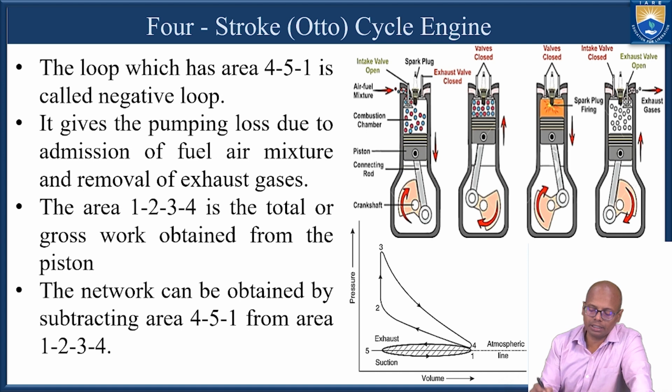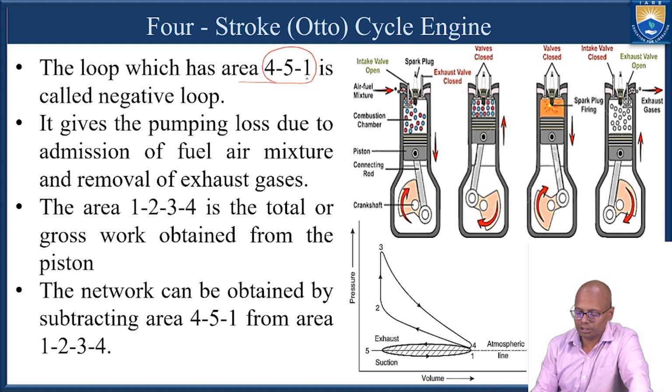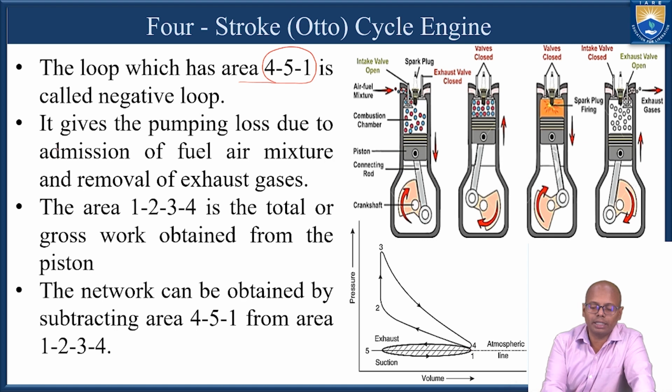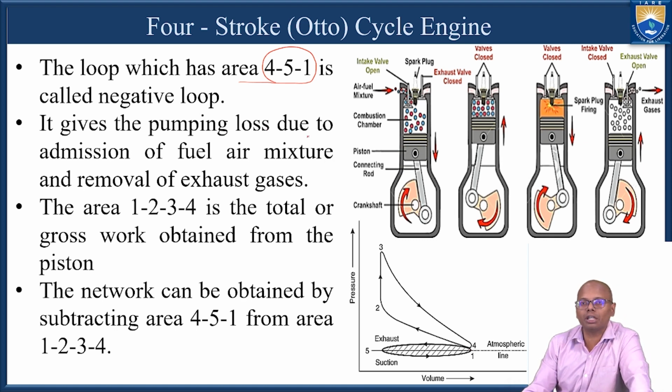Now in this actual indicated diagram, the area between 4, 5 and 1 is a negative loop. Okay, this is a negative loop, and it gives the pumping losses due to the admission of the air fuel mixture and removal of the exhaust gases.